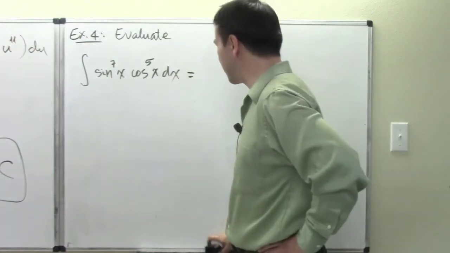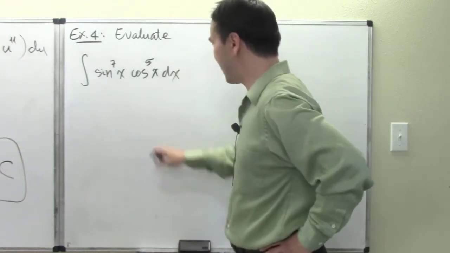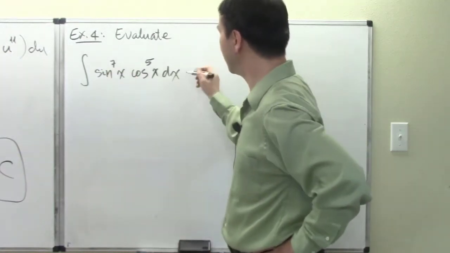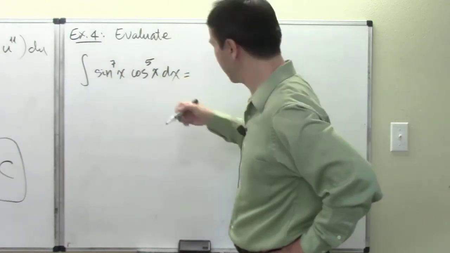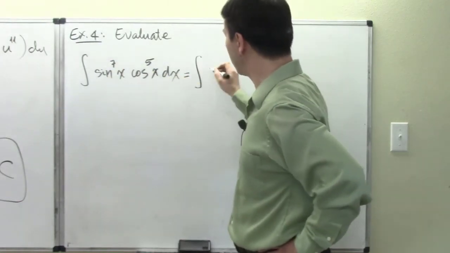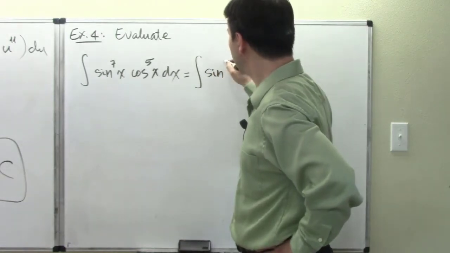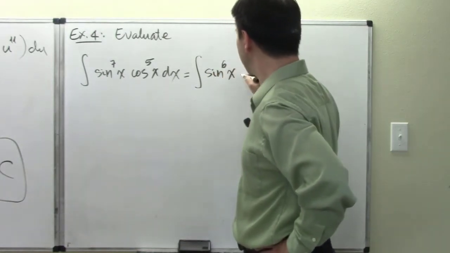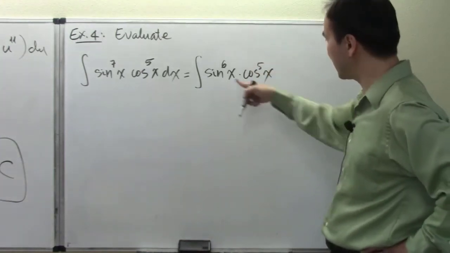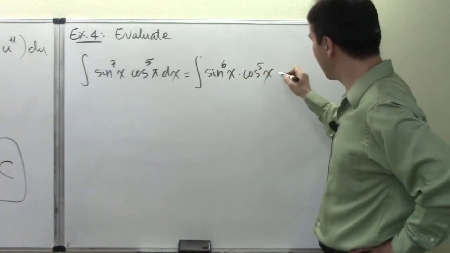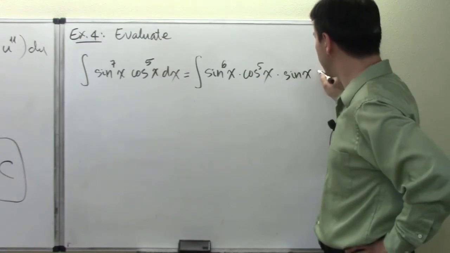Here's how it's going to look. If I decide to tackle that odd power sine to the 7 of x, then I'm going to separate out sine to the 6 times the cosine, whose power remains the same, and that lone factor of sine I'm going to leave at the end, sine of x dx.